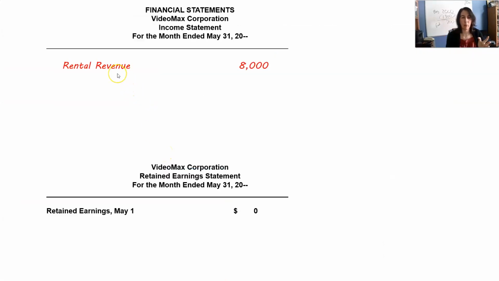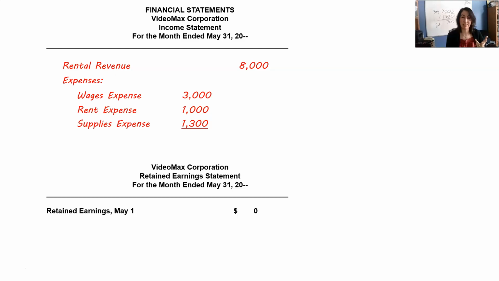The rental revenue is $8,000. Expenses: we had wage expense, rent expense, and supplies expense. Add those together for total expenses, and rental revenue minus all of the expenses puts you at $2,700 in net income.